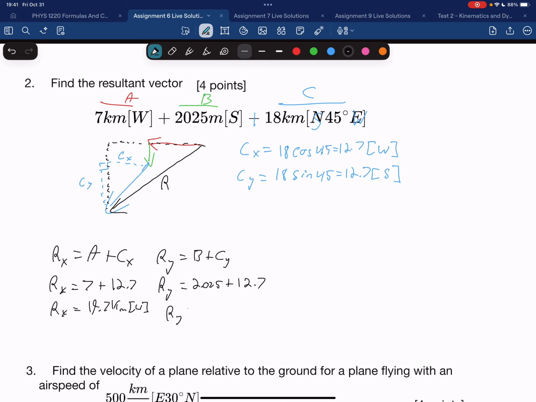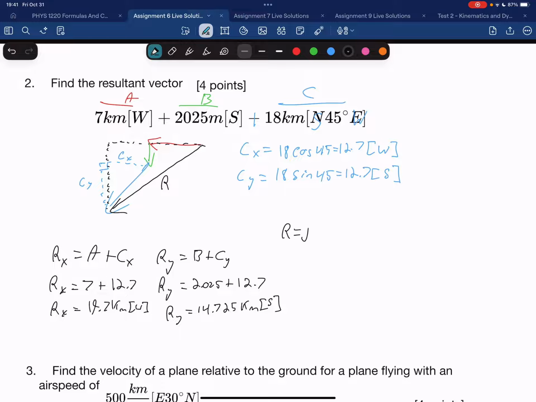And that means our y is going to be equal to 14.725 kilometers south. And these are our x and y components of our resultant.